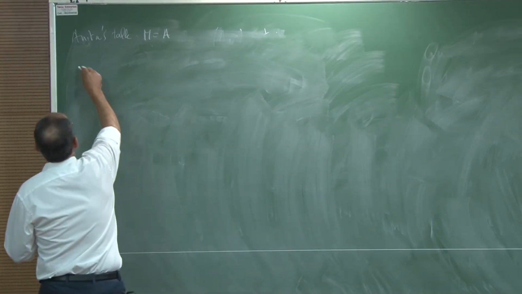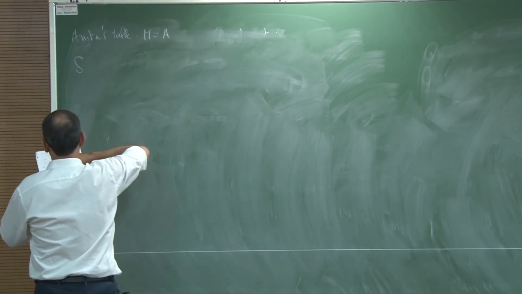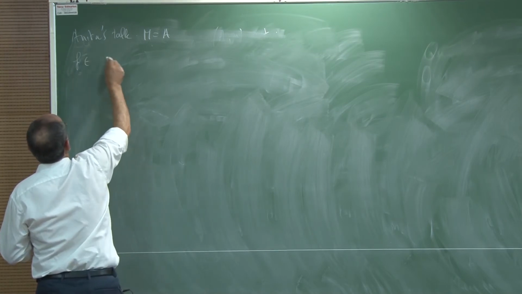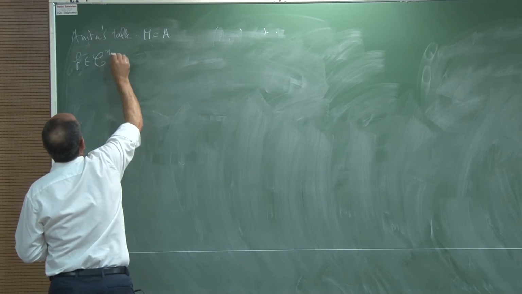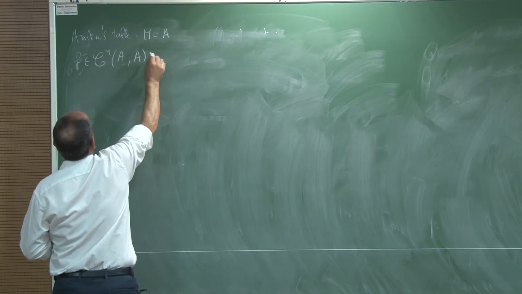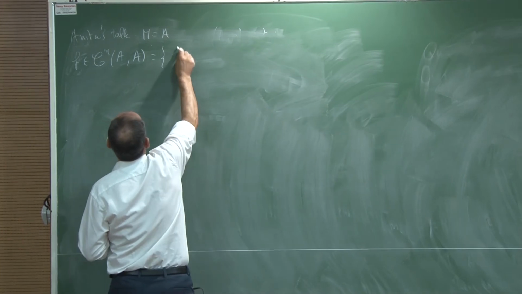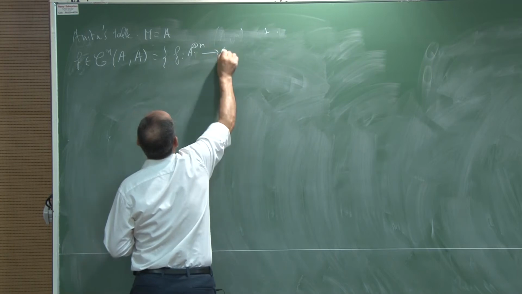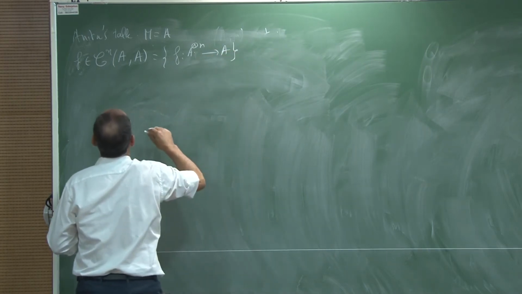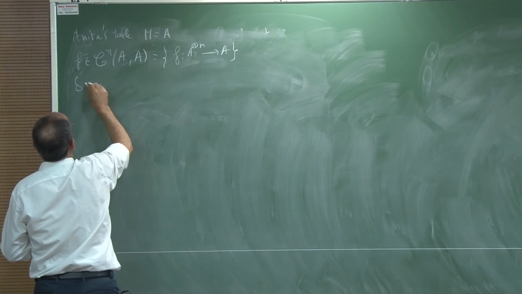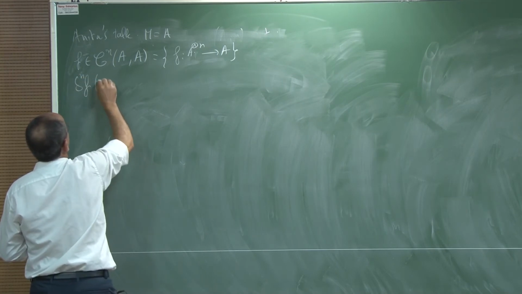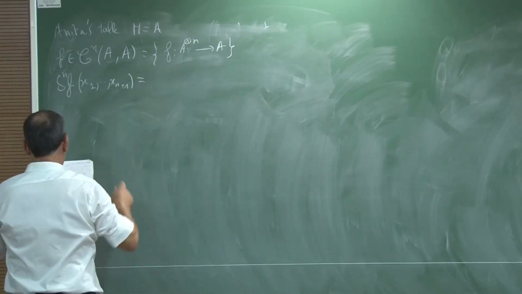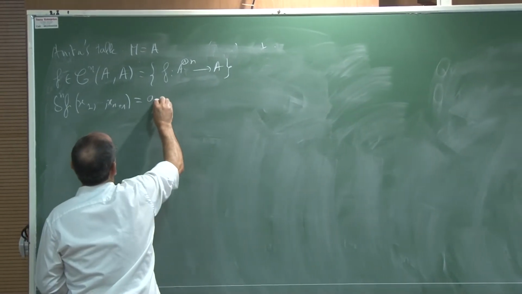Let me recall the differential delta n of f, if f belongs to C^n(A,A), which means that this is the set of maps from A tensor n to A, and delta n of f applied to x1 through x(n+1), according to what we have seen yesterday.